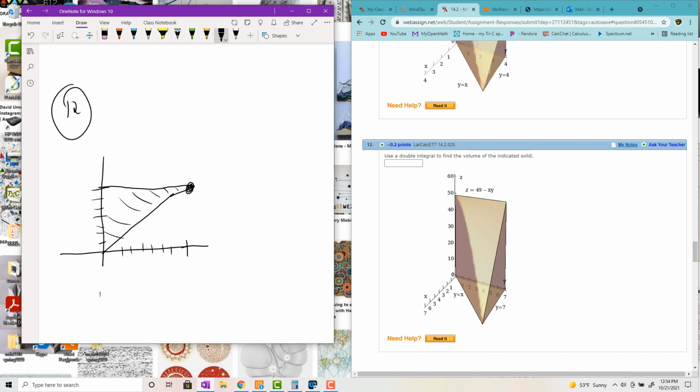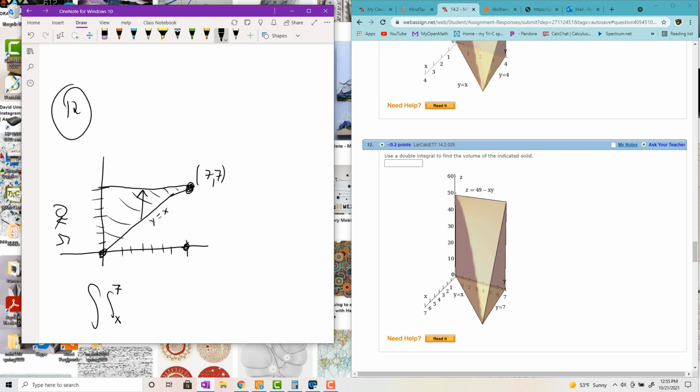So I need a double integral to deal with this. I'm going to go the standard orientation, curve to curve. So y equals x to y equals 7. Sorry. And on the outer part, point to point. So that's going to go from 0. And this point, of course, if the y coordinate is 7, the x coordinate is also 7 because the curve is y equals x.